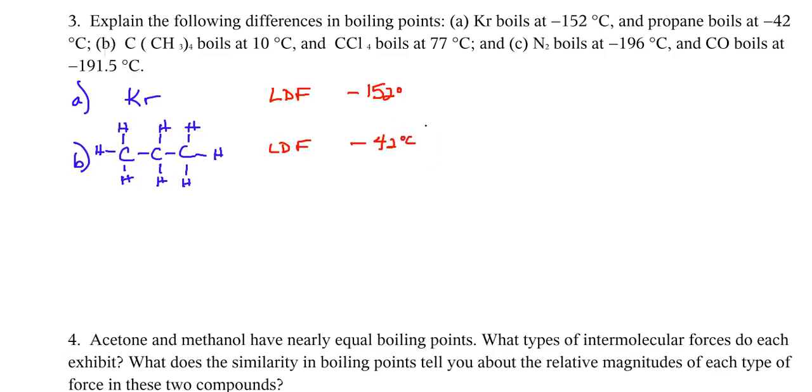What's the reasoning here? Well, propane has a higher boiling point because it has stronger intermolecular forces of attraction, IMFs. Why is it stronger? Well, they are not polar, so this is the only attractive force they have. So it must mean that propane is more polarizable.